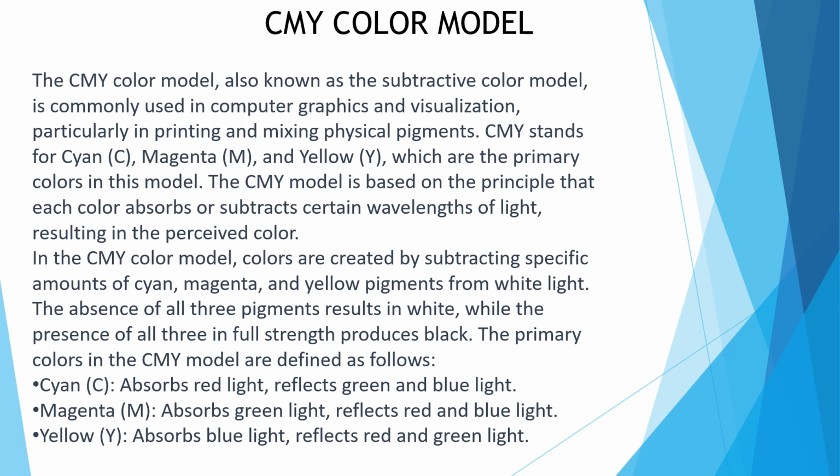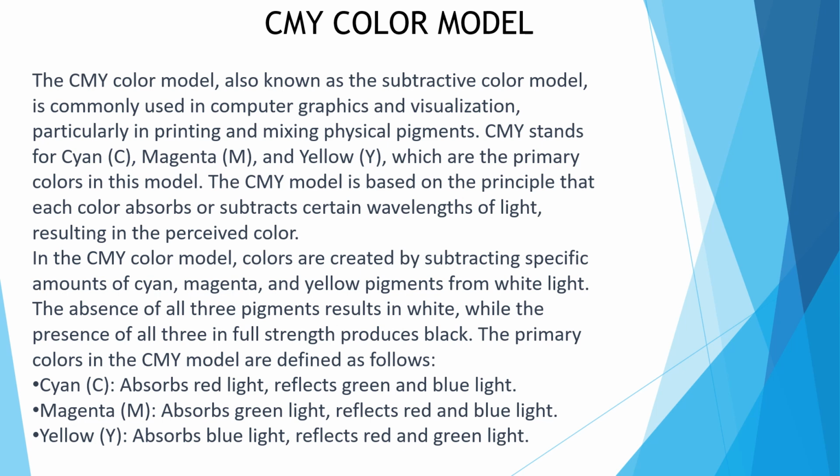The CMY color model, also known as the subtractive color model, is particularly used in printing and mixing physical pigments. CMY stands for cyan, magenta, and yellow, which are the primary colors in this model. The CMY model is based on the principle that each color absorbs or subtracts certain wavelengths of light, resulting in the perceived color.